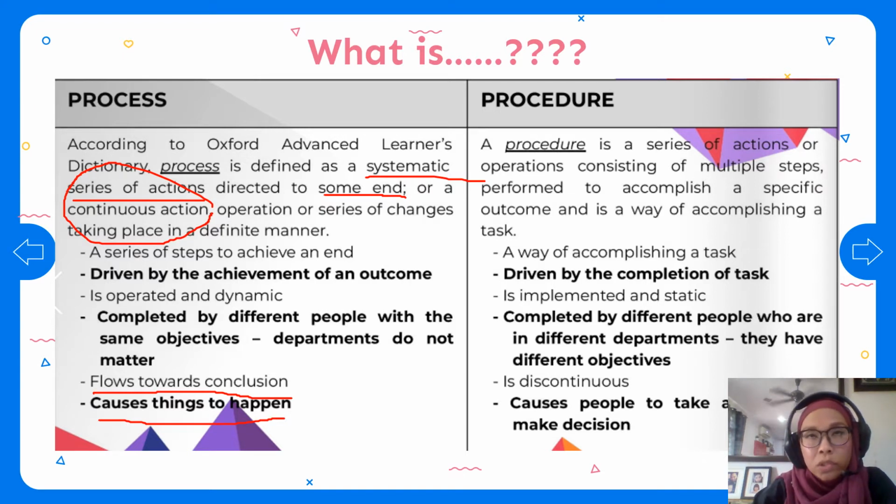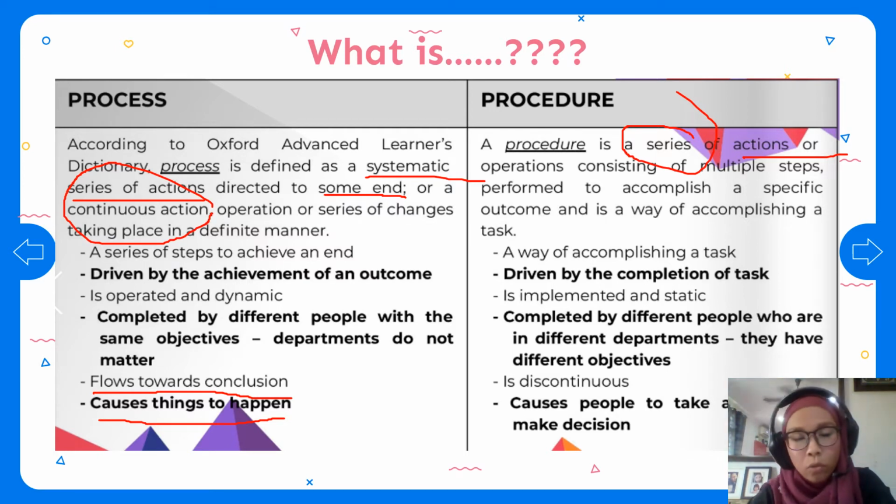What about procedures? Procedures is a series of actions consisting of multiple steps. Usually the process is one big thing, and under the process there will be a procedure, the guideline on how you complete the whole process.